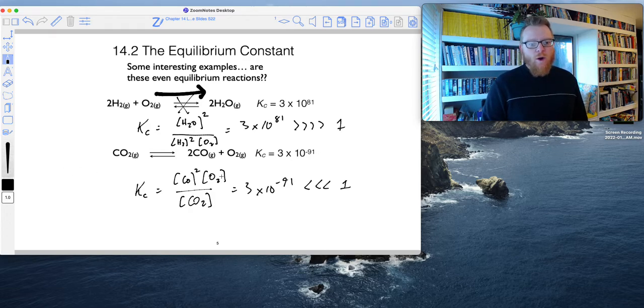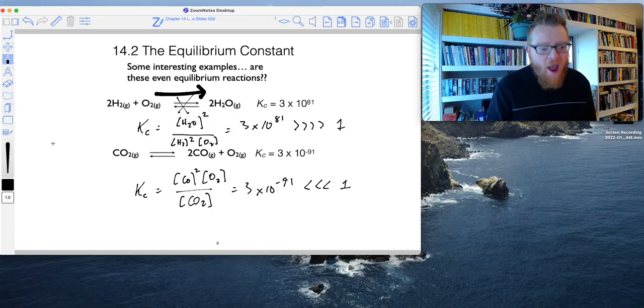So now, what about this reaction? You notice here it says CO2 in the forward reaction will break up into 2 carbon monoxides and oxygen. And you can see this is 10 to the minus 91. That's also a ridiculously small number, and it is so small that this equilibrium position is way on the left. In other words, it's not an equilibrium reaction at all.